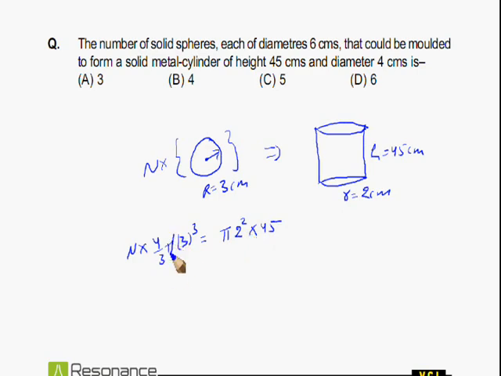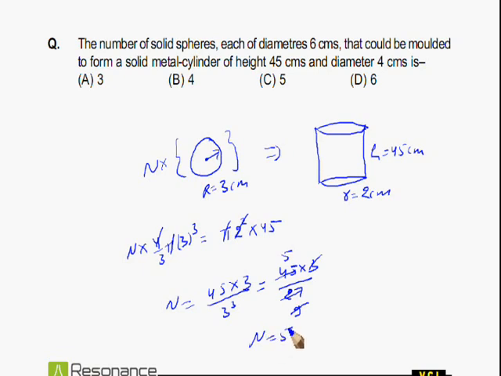Now we can cancel pi by pi and 4 by 2 square, and therefore n is equal to 45 into 3 divided by 3 cube, or you can say 45 into 3 divided by 27, 3 cancelled by 9 times, and the 9 is cancelled by 45 by 5 times. So we can make 5 such spheres.